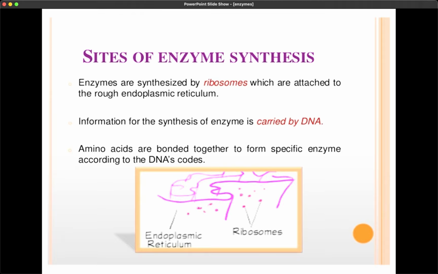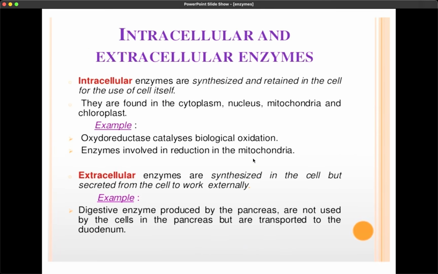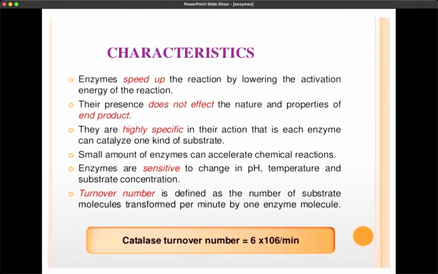This occurs in the endoplasmic reticulum of the cell, and the information for the synthesis of these enzymes is carried by the DNA. The information about which enzyme it is lies in the DNA, and the DNA codes for the amino acids through transcription, translation, etc. Now, we discussed this in the previous class, the classification.